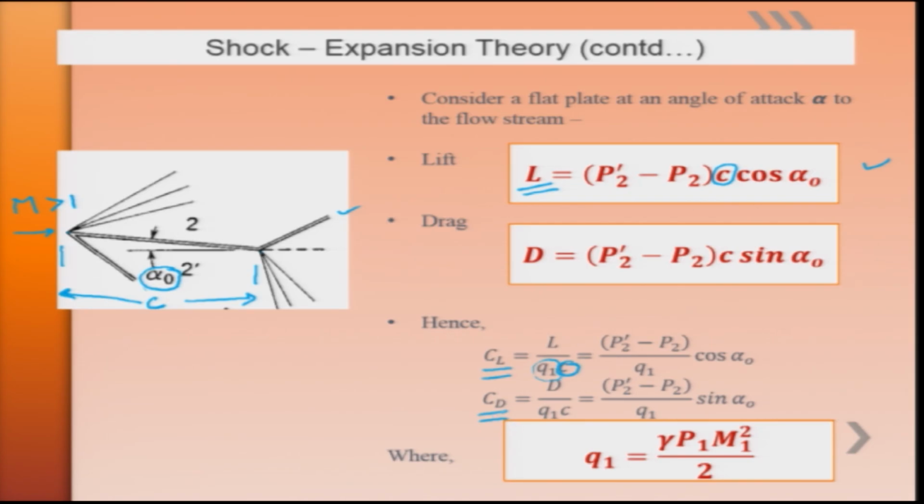Similarly, CD can be written as D upon Q1 C, which is P2 dash minus P2 upon Q1, and again C cancels out from numerator and denominator, leaving sin alpha naught. Note that in a supersonic flow the dynamic pressure, half rho V square, can be written as gamma by 2 p M square. That is what I have written here.